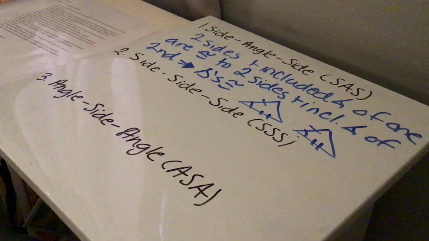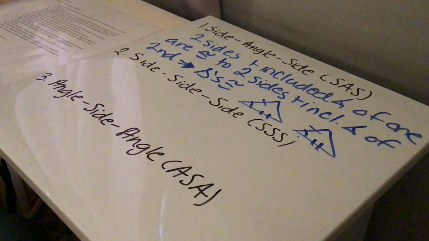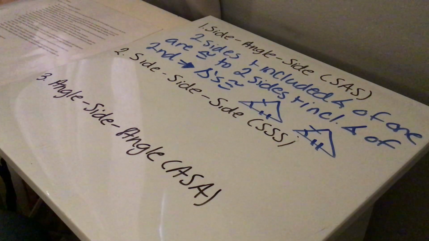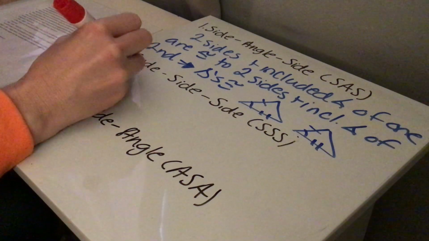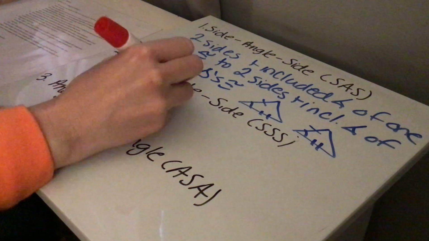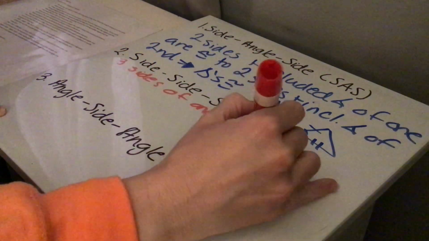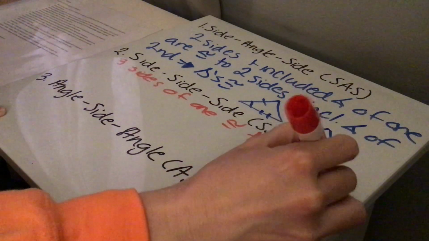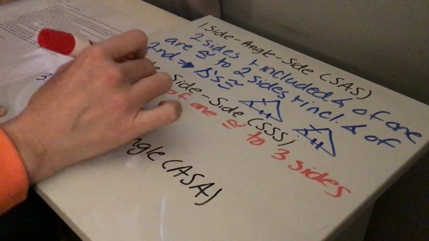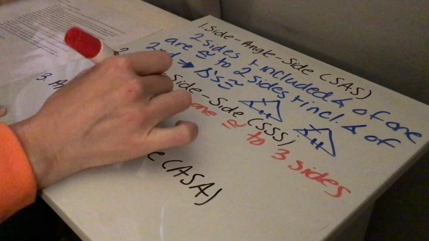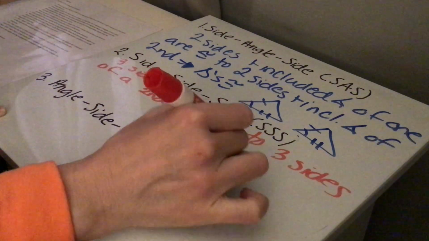Okay? Side, side, side is just saying if the three sides of one are congruent to three sides of a second, so you don't need anything for angles here, then your triangles are congruent.